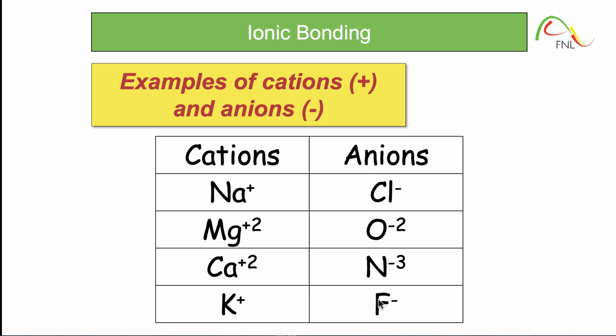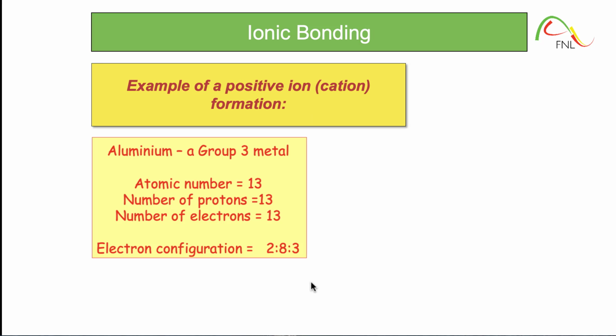Fluoride is in group 7, gains 1 electron, becomes F minus. So notice all these: chloride, oxide, nitride and fluoride. These are non-metal ions, so they are negative. These are all metal ions, they are positive, and the charge is given by the number of electrons they've gained or lost.